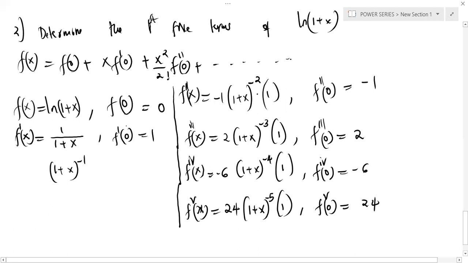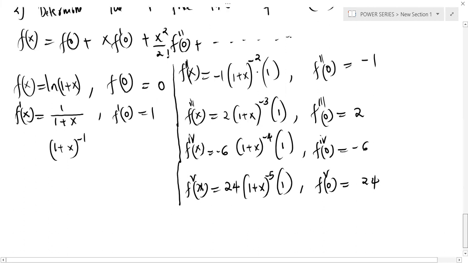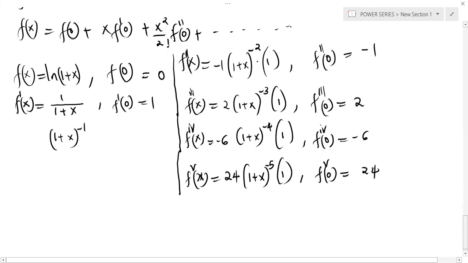Now, how many terms do we have so far? This was 0, so we'll start counting from this one: 1, 2, 3, 4, 5. So we already have enough terms. The next thing is to replace it into the Maclaurin series formula, and we have our power series expansion. Our f of x is ln(1 plus x), and its expansion is given by f of 0, which is 0, we don't need to write it, plus x f prime of 0.